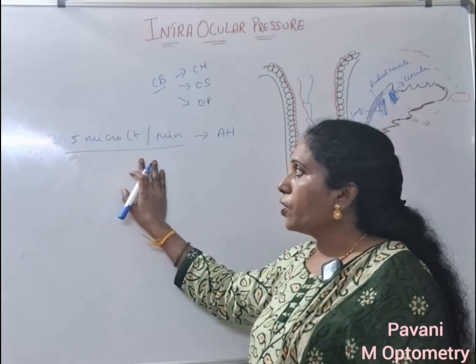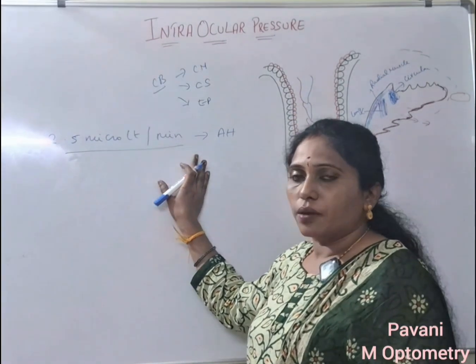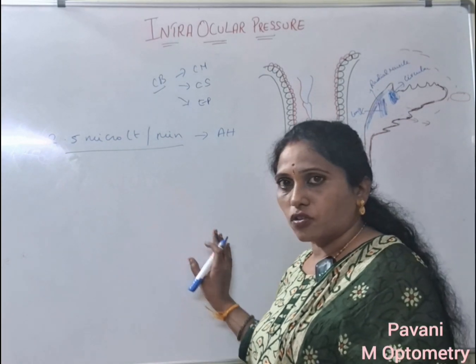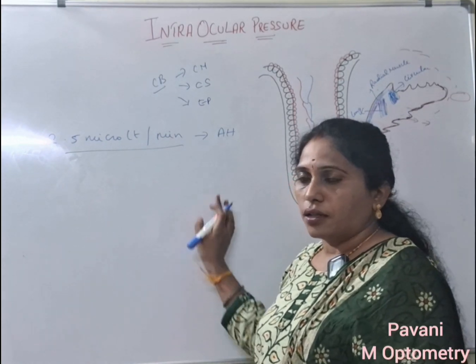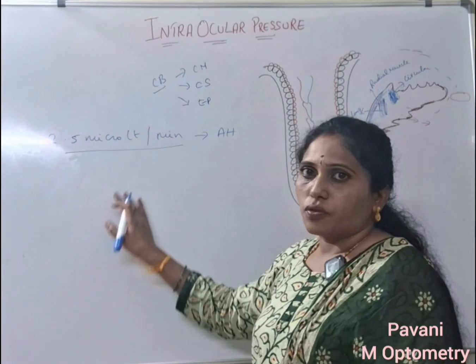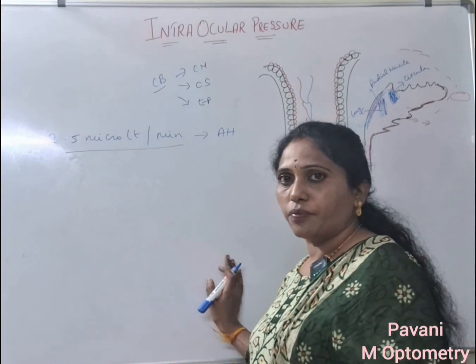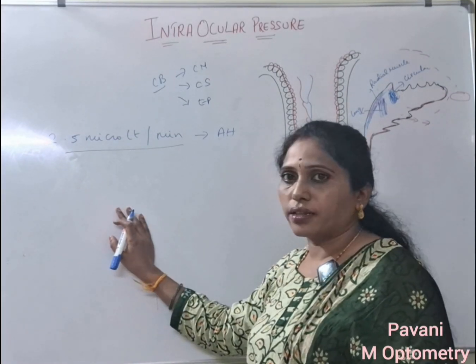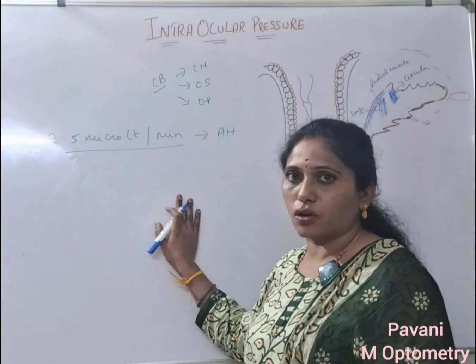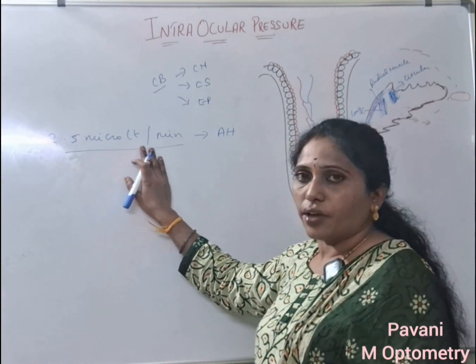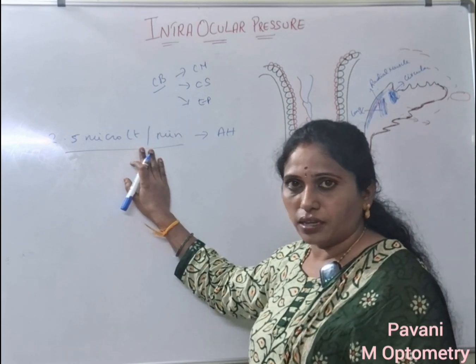It is important to remember that whatever amount of aqueous humor is produced, that much should be drained out. The intraocular pressure depends on this. If the aqueous humor doesn't drain properly, the pressure inside the eye increases and it leads to glaucoma. Per minute, 2.5 microliters of aqueous humor is produced continuously.